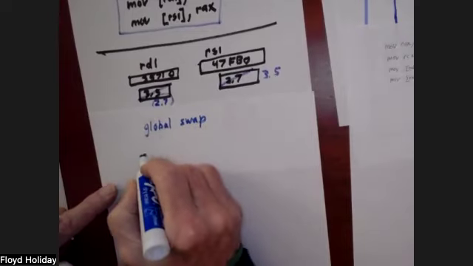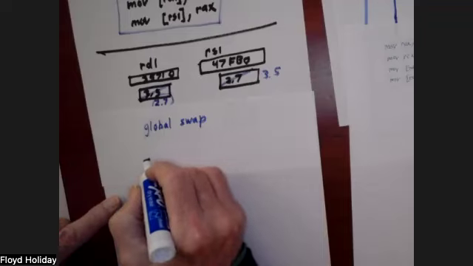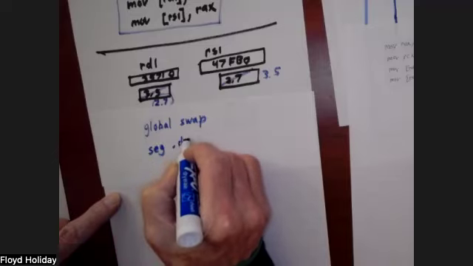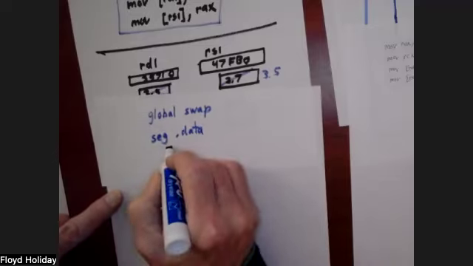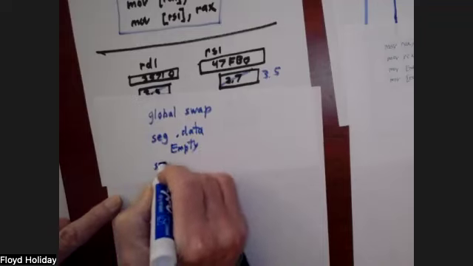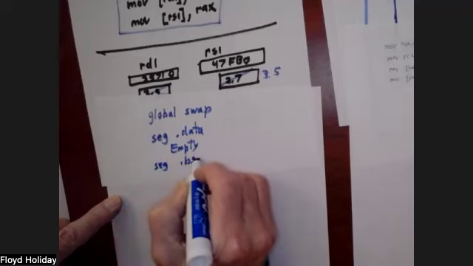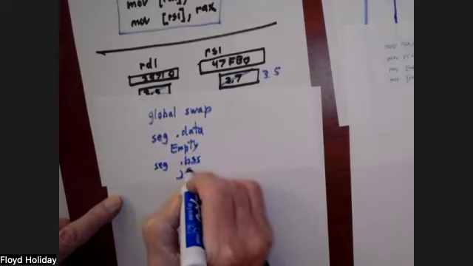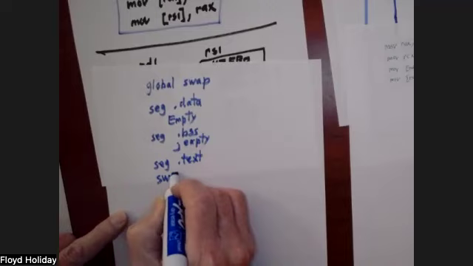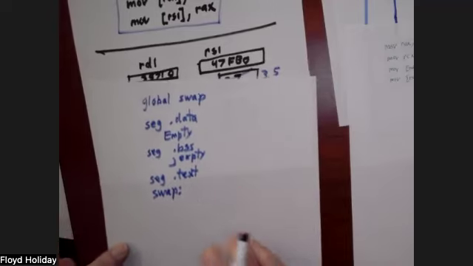Do we declare any of that? We declare that. I don't think there's anything else to declare. Segment data. We just documented it, that we know it's there, empty. Segment BSS, empty. Segment text. Swap. And you do these four things.